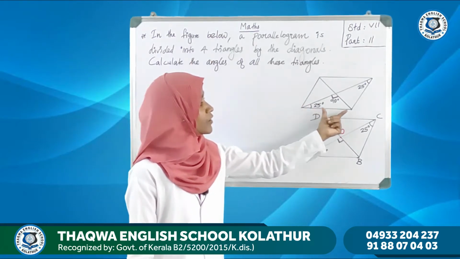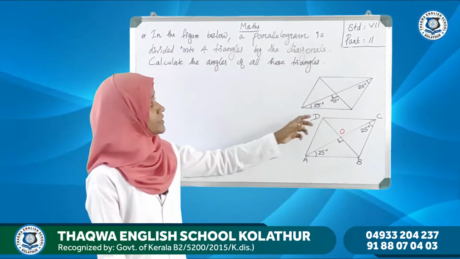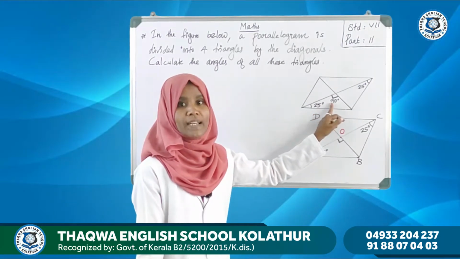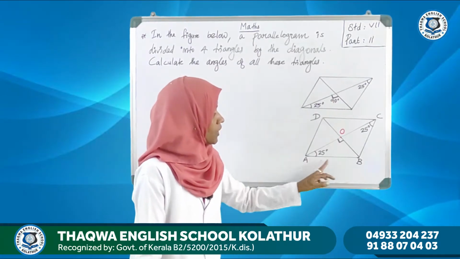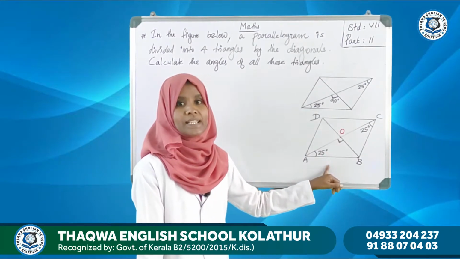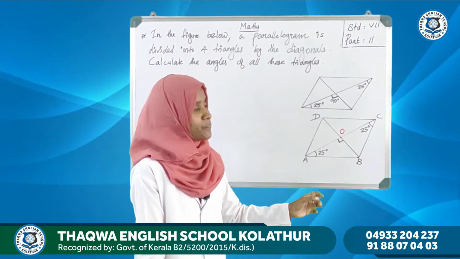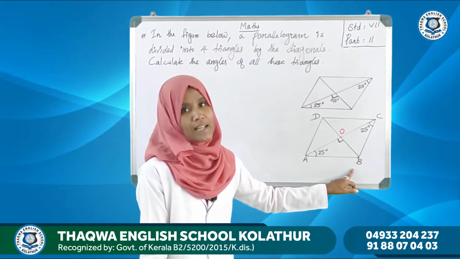Okay, you have given one parallelogram, and by drawing the diagonals, the given parallelogram is divided into 4 triangles. Let us give the name ABCD. That is, ABCD is a parallelogram. Then AC and BD are the diagonals.